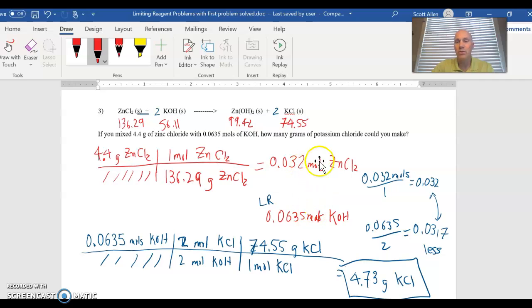But we end up doing the same thing. We take the number of moles of this, we divide it by its coefficient. We take the number of moles of this, we divide it by its coefficient. This one is less, so therefore that is the limiting reagent. Taking that number, starting with the crossbar with that number of moles, we end up getting this right here, and that gives us this as our theoretical yield of potassium chloride.